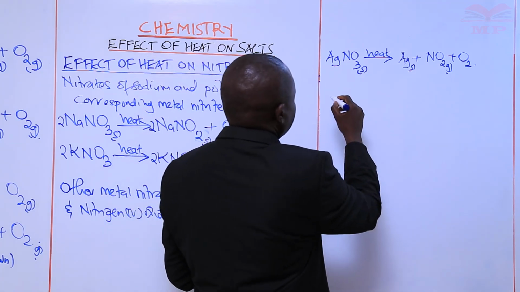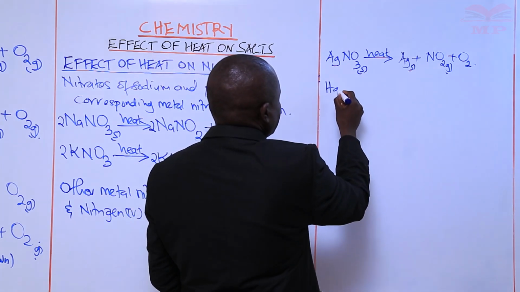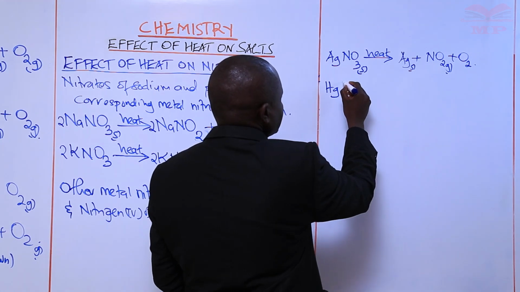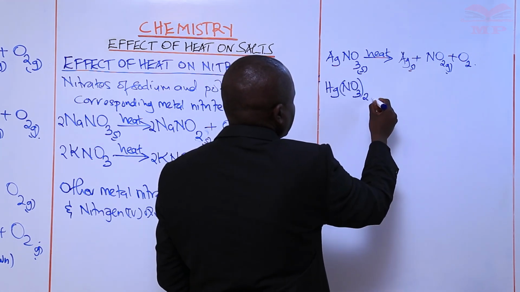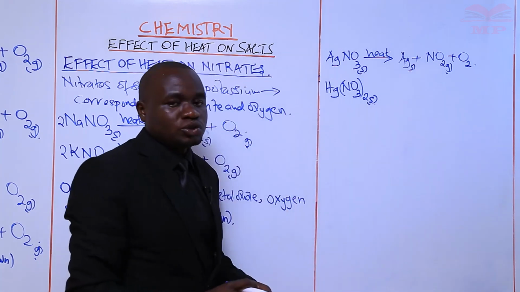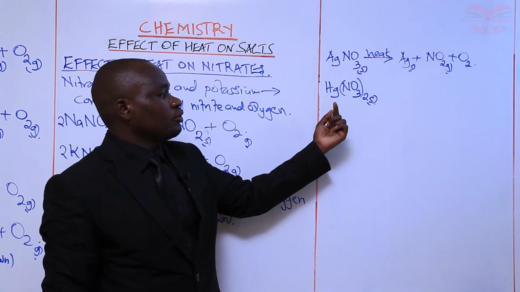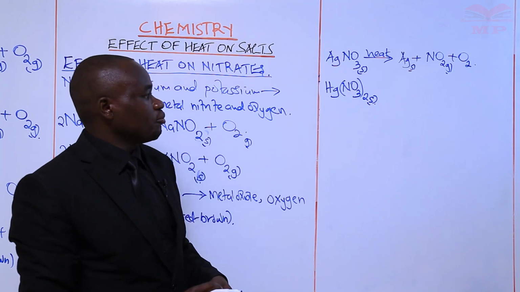So the other one is gold. Gold, my dear student, has a valency of 2, and therefore that will be the correct formula.